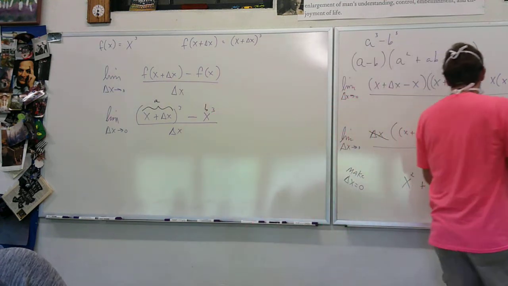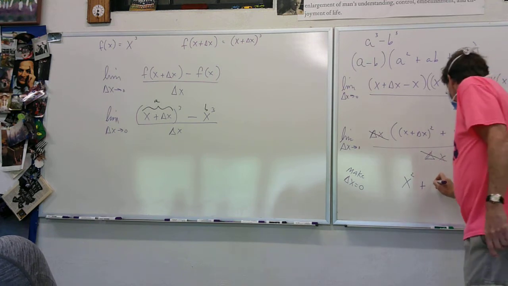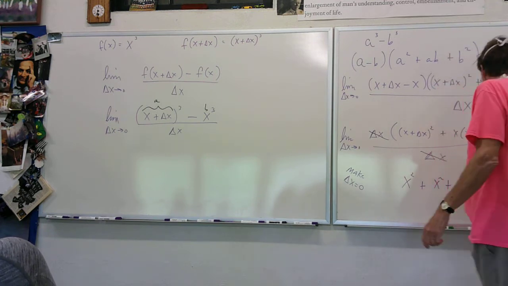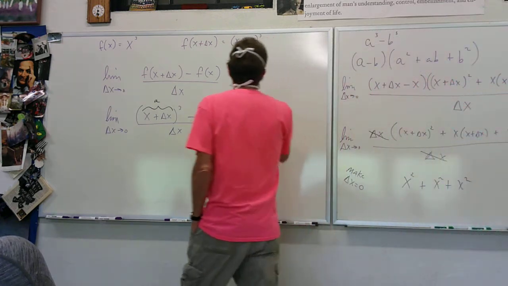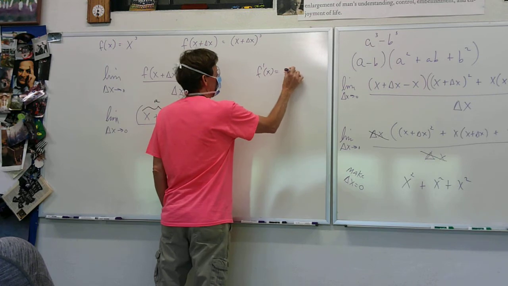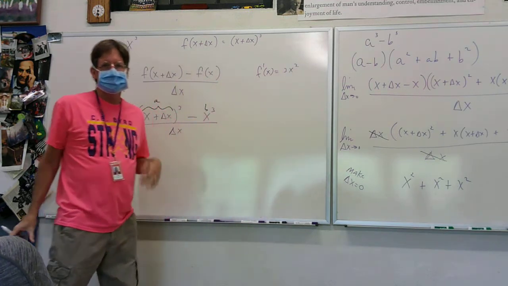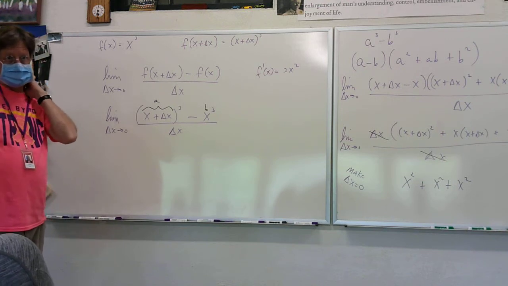Put a 0 here, you're going to get x times x, which is still just going to be what? X squared. And there it won't matter. So you find out that the derivative, f prime of x, equals 3x squared.